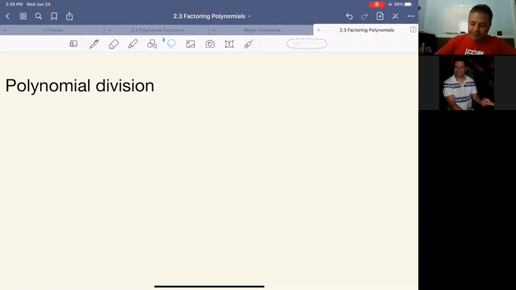All right. So let's start with just a sort of problem we all know how to do, at least I hope at this point. Factor x squared plus 5x plus 6.